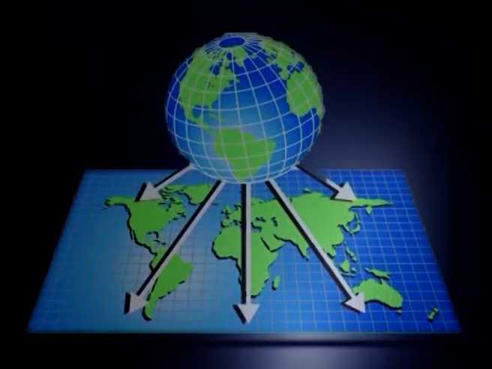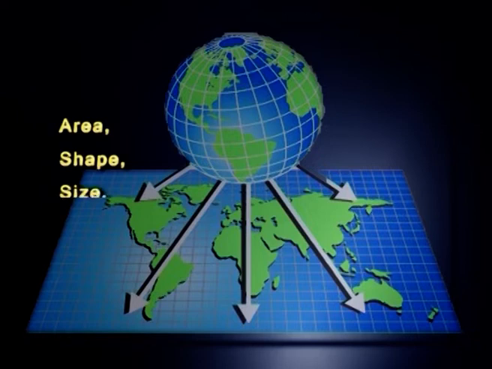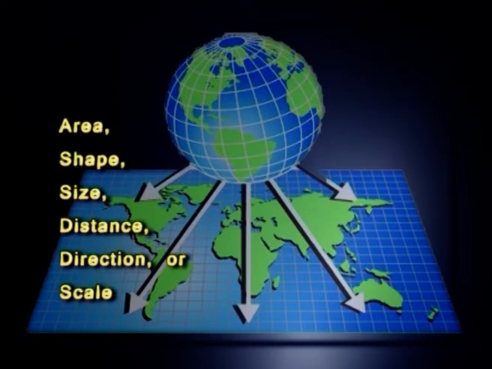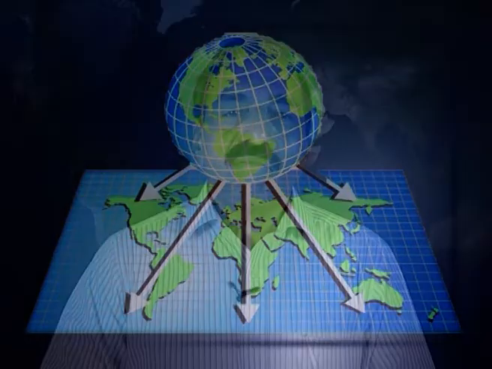Introduction to map projections and overview. All map projections have some type of distortion or deformation. Depending on the projection properties, the distortion may be of area, shape, size, distance, direction, or scale.